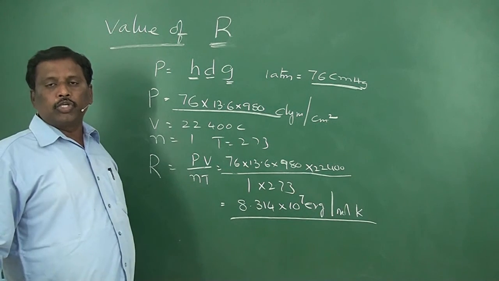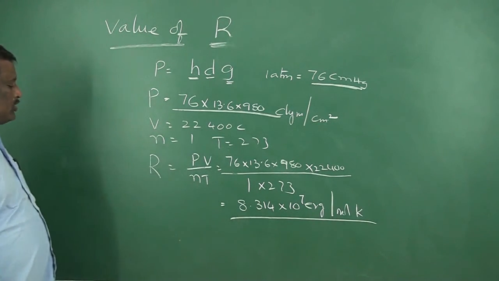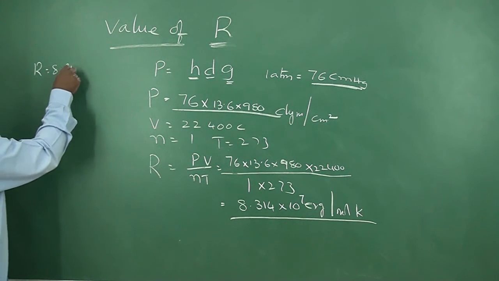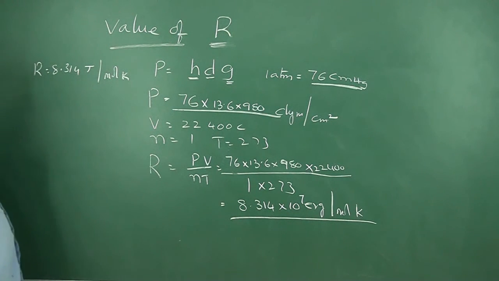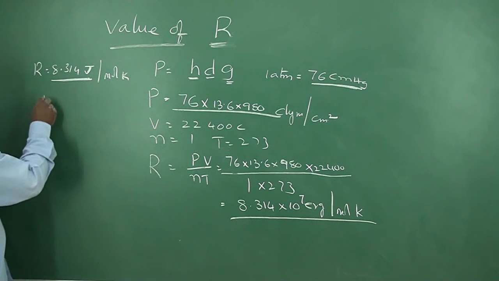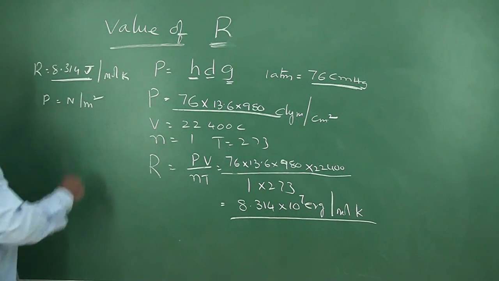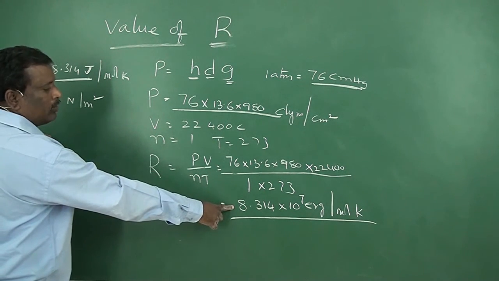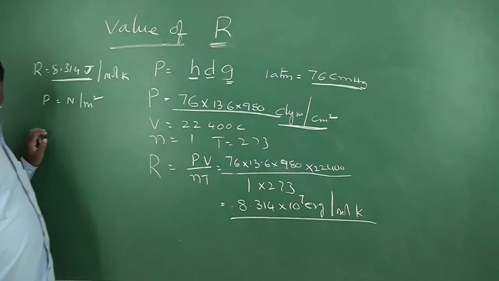Now in SI units, the R value will be expressed in joules per mole Kelvin. 10 to the power 7 ergs is equal to 1 joule. So the R value in joules will be 8.314 joule per mole K. When the R value is expressed in ergs, the pressure is in dynes per square centimeter.